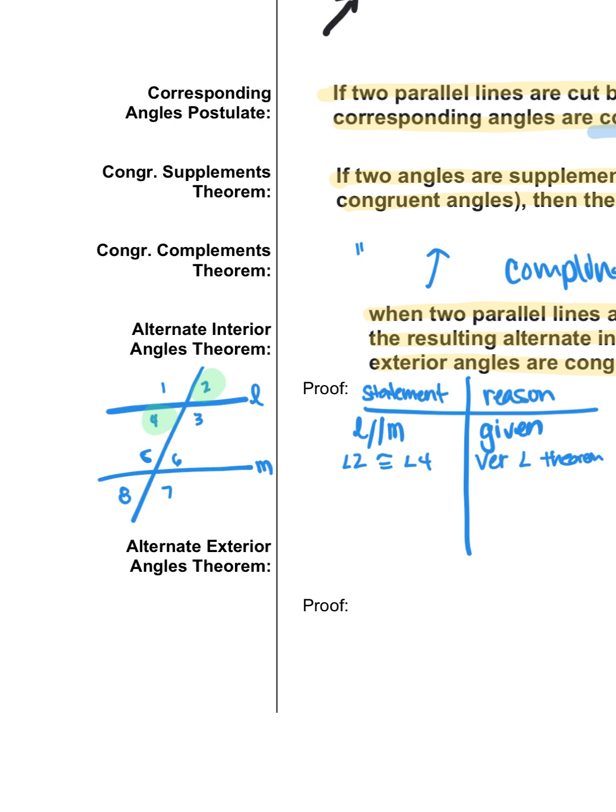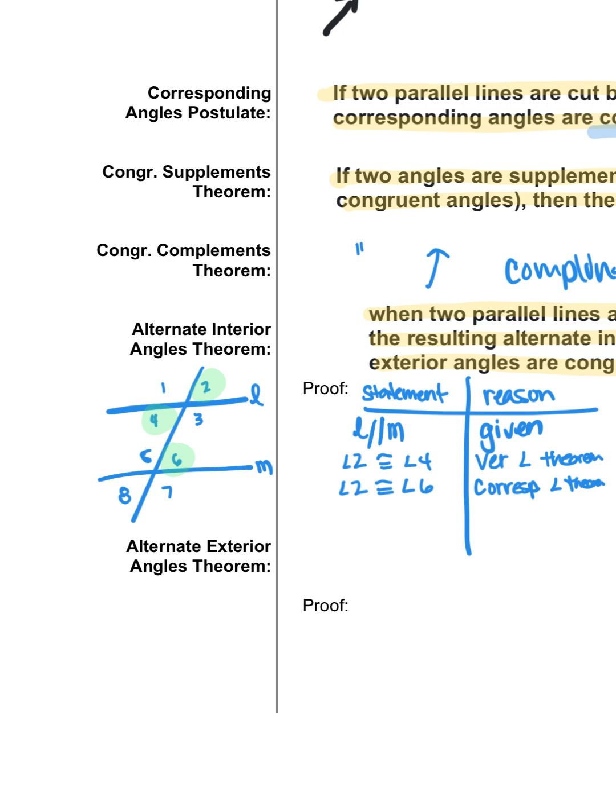We know that angle 2 also is congruent to angle 6 because of the corresponding angle theorem. That was the one that we did up here, corresponding angles. Corresponding angles would be in the same location. So angle 2 is equal to angle 6.